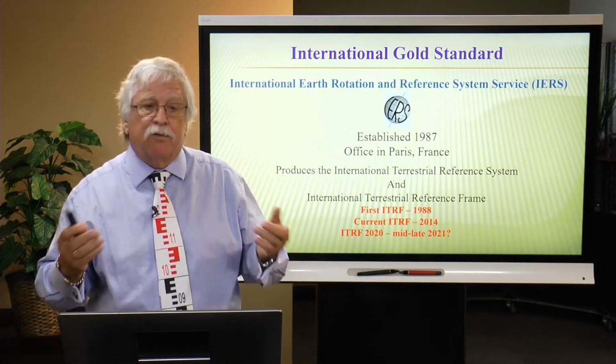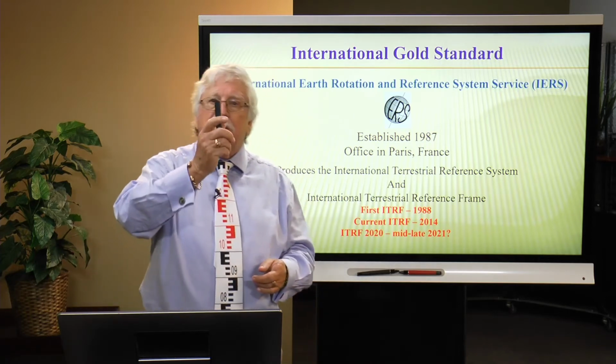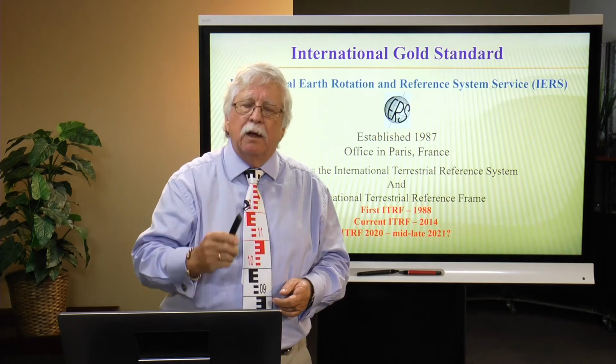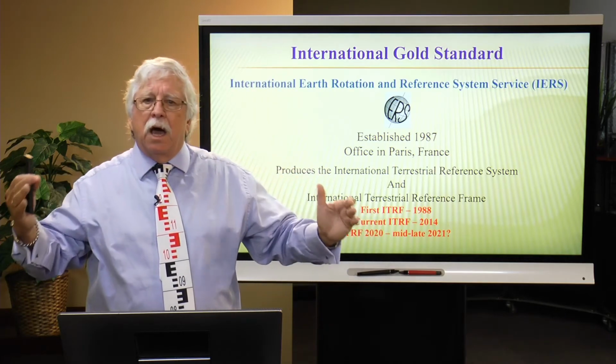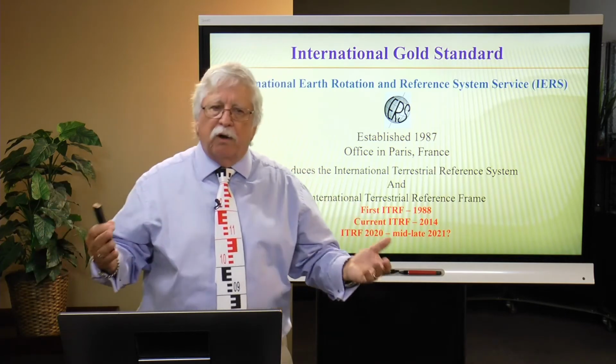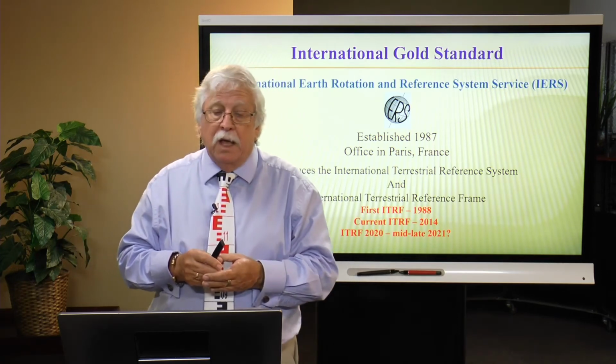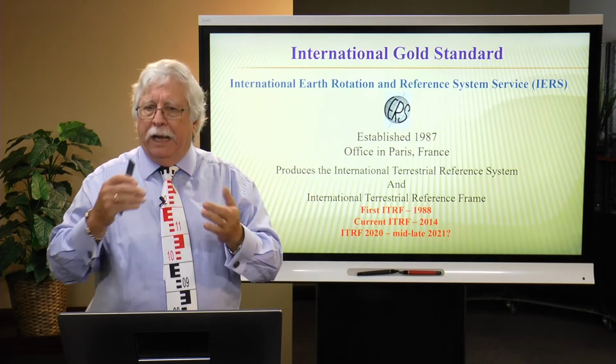Some of those parameters could be, where is Earth's geocenter? That's one of our Earth orientation parameters. How does the Earth wobble on its axis? What is the dimension of that? Looking at plate tectonic velocities. These are parts of our plate orientation parameters. And they are not done by any one country.